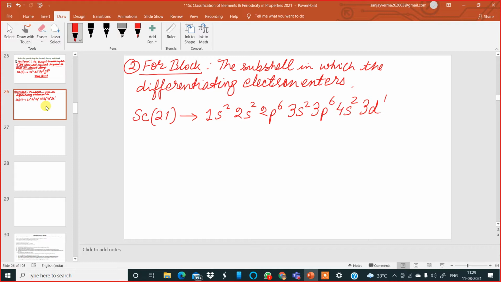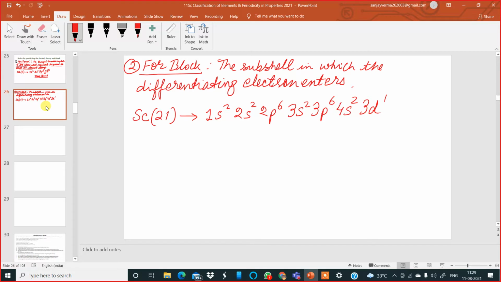Let's check this electronic configuration with respect to the principle I taught you in the previous class. After 3p comes 4s, then comes 3d. Correct, no? Is this correct?